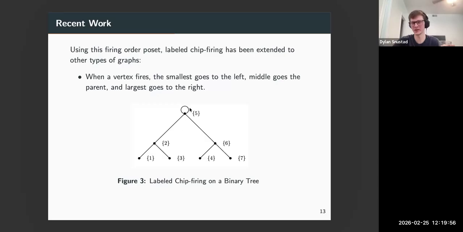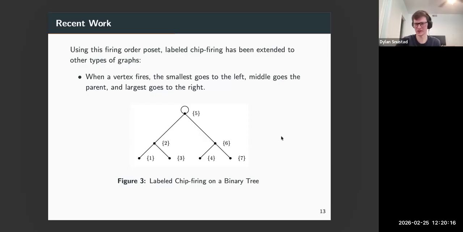The middle will take this little loop path, which is needed for some non-obvious reason at first. And then the largest chip will go to the right. And if I fire further down my binary tree, I continue with the same logic, but now the middle chip will go back up to the parent.